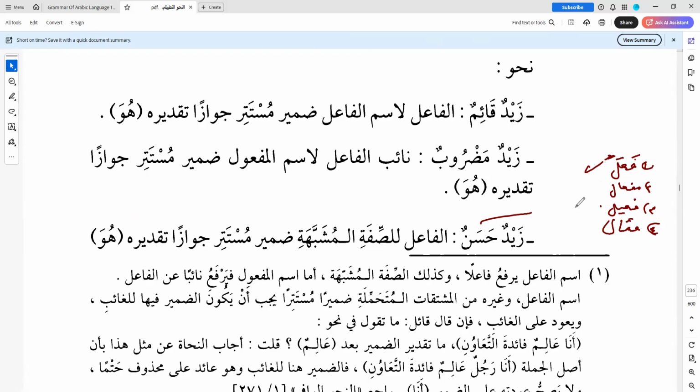So the writer used, there are about 8 forms of it. I can't recollect all of them, but the most popular is the fa'il and the fa'al, the mif'al, and then fa'alun, hasanun. So زيد حسن فاعل لصفة المشبهة ضمير مستتر جوازا تقديره هو.